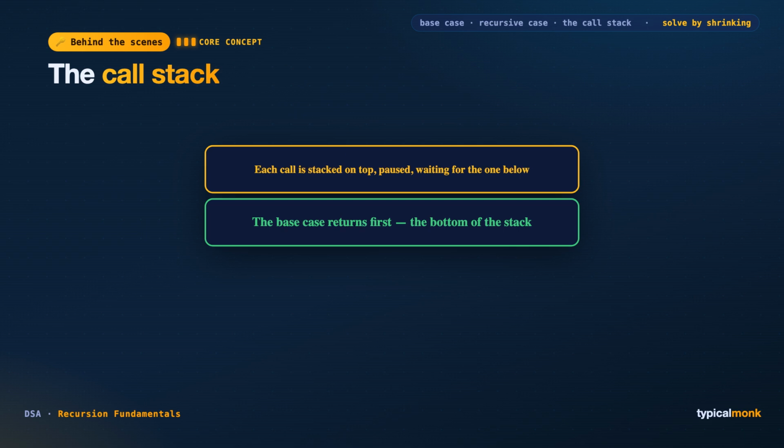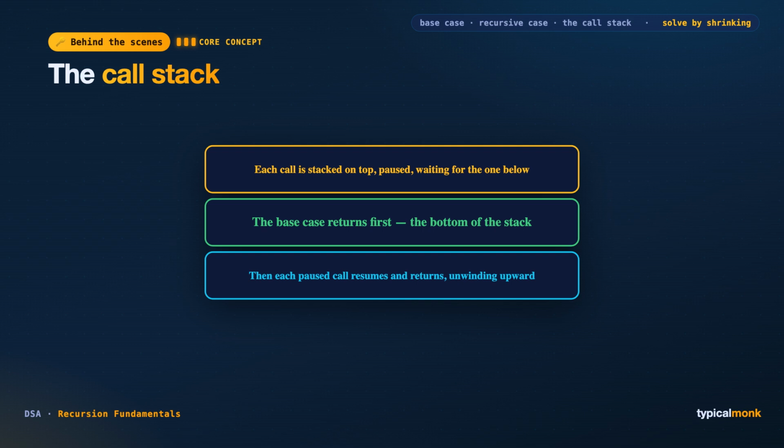The base case is what breaks the pile up. Factorial of 1 does not stack anything new. It just returns its answer, 1. That is the bottom of the descent, the first call that actually completes. And now, the stack unwinds. With factorial of 1 finished, the paused factorial of 2 can resume, finish its multiplication, and return.